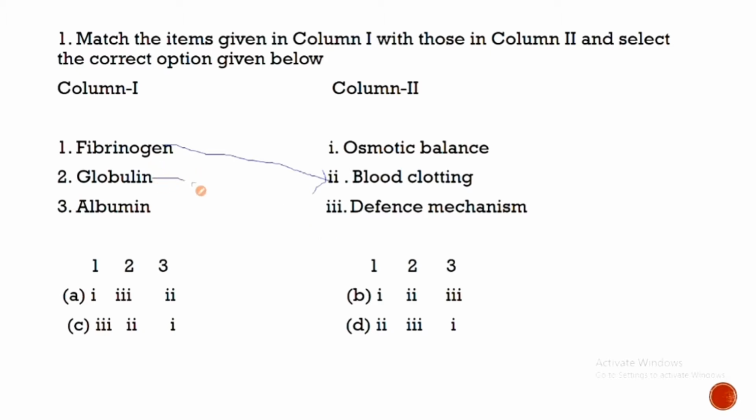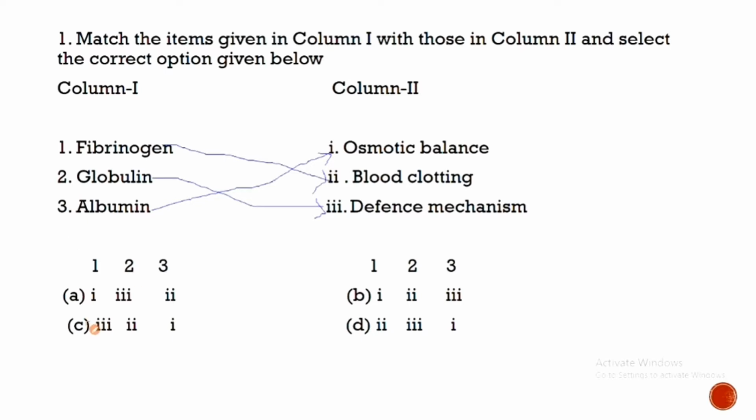So option 2 will match up with column 2, item number 3. Then comes albumin. Albumin is a plasma protein manufactured by the liver. It helps in maintaining osmotic pressure, that is osmotic balance. So it will match with osmotic balance.